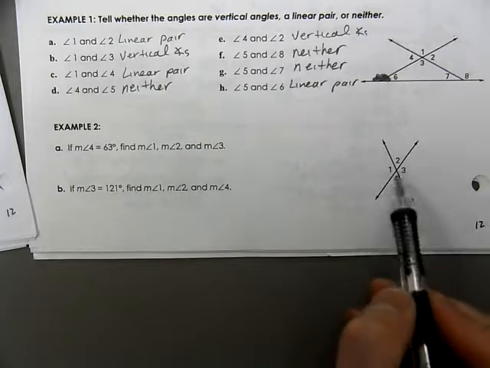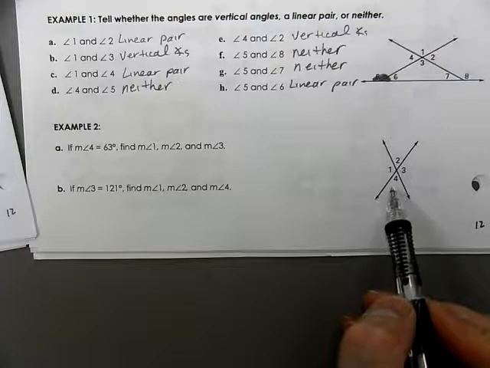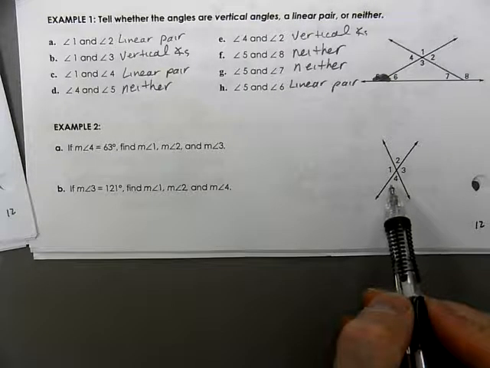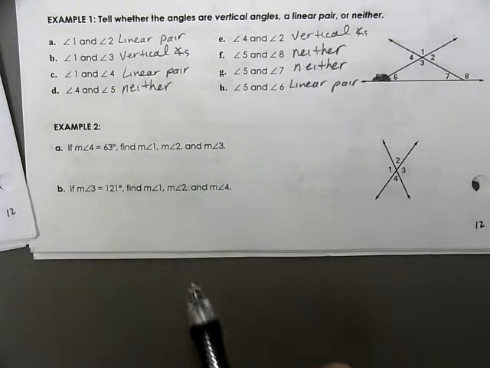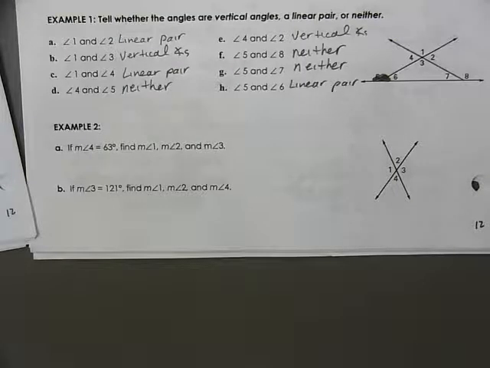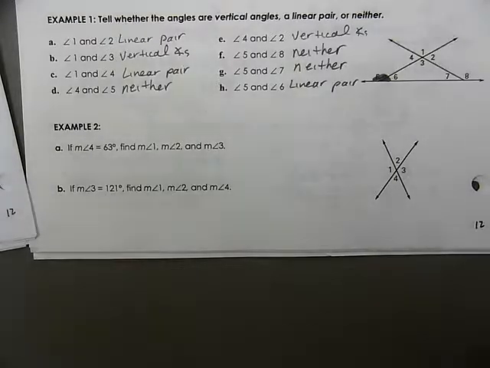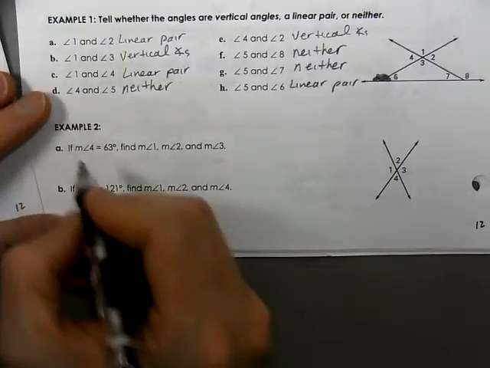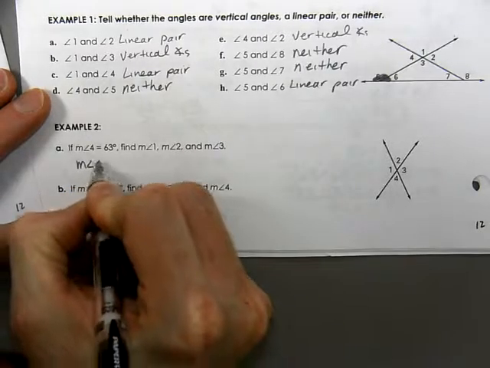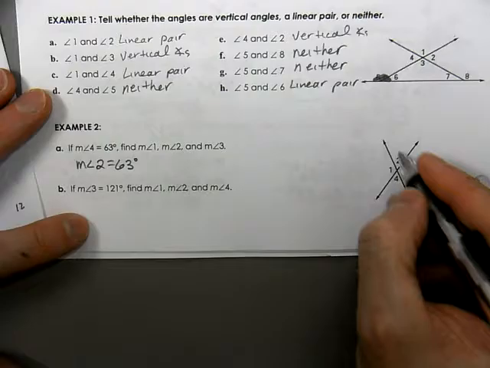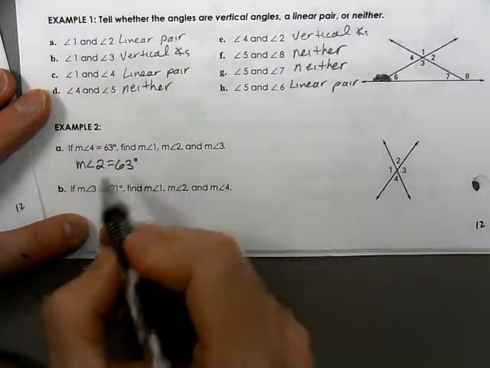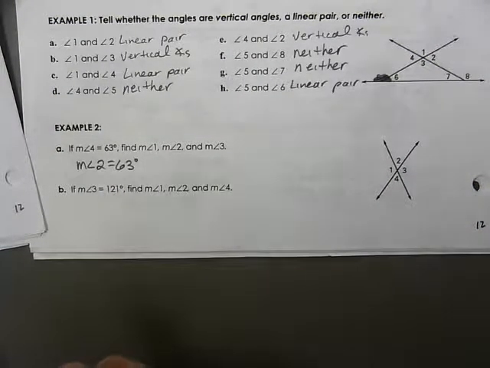Here we're looking at the measurement of angle 4, and we know it's 63 degrees. How are we going to find the measurement of angle 1, angle 2, and angle 3? The measurement of angle 2 is also going to be 63 degrees because it's vertical with angle 4.